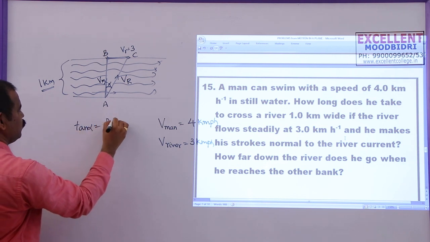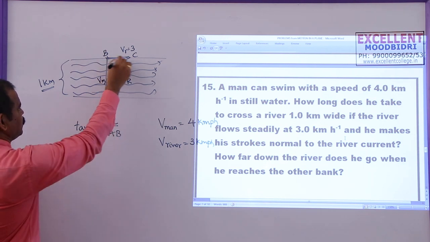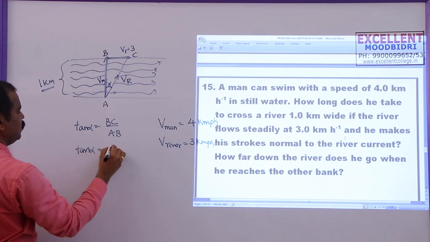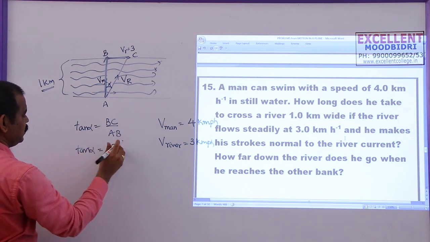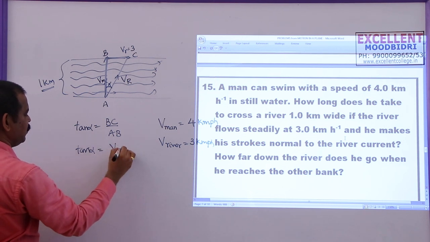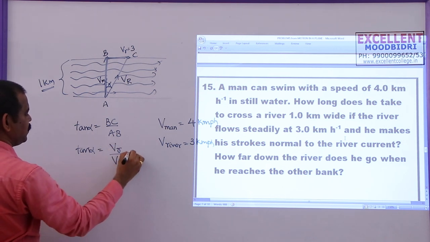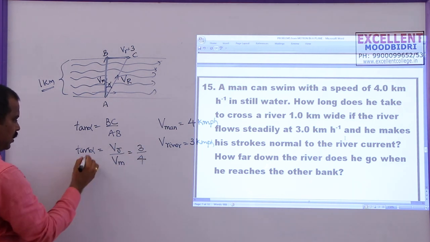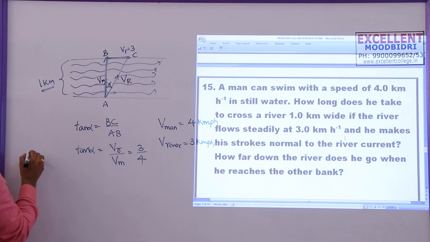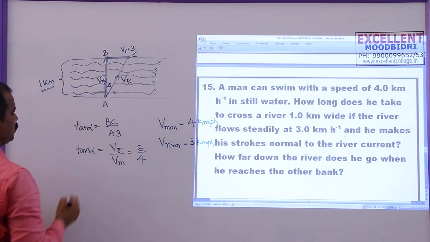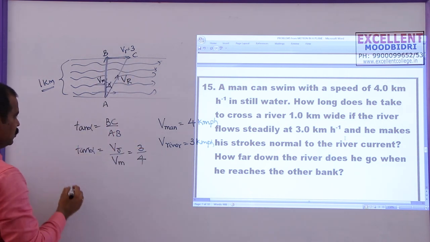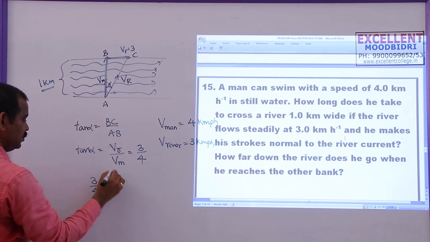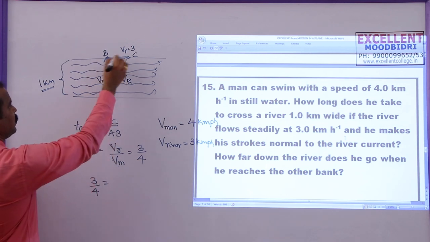So tan alpha is equal to BC by AB, that is opposite side by adjacent side. So tan alpha is equal to, what is BC here? The velocity of the river by the velocity of the man, which is given by 3 by 4. So alpha is equal to tan inverse 3 by 4. Now I want to find out the BC value in terms of distances. So tan alpha is 3 by 4 in terms of velocities.